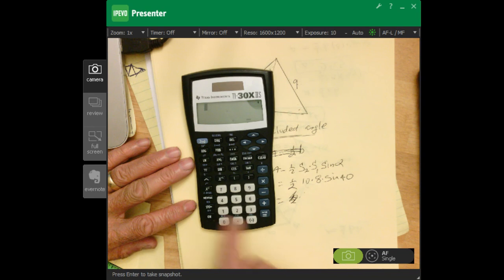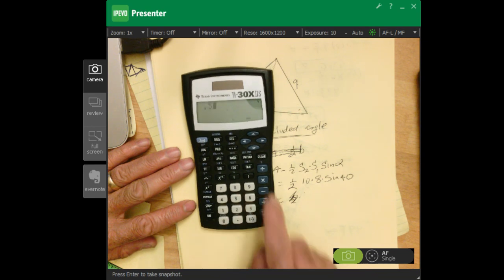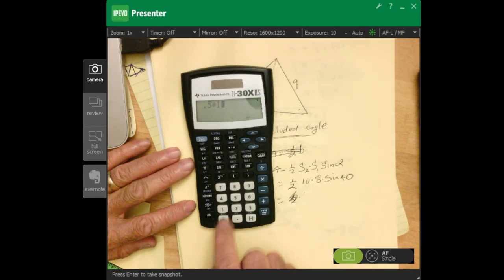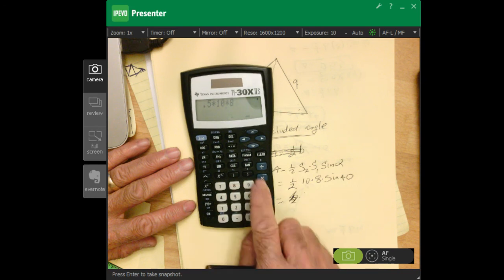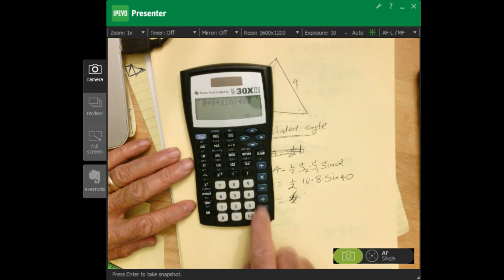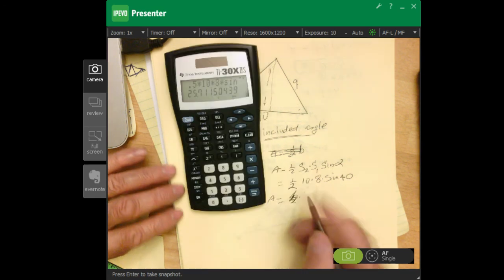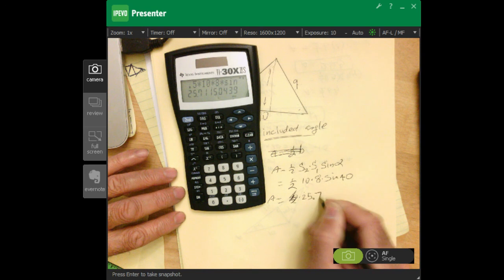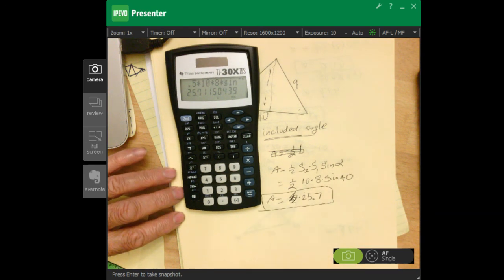It's going to be 1/2, I'll call this 0.5, times 10 times 8 times sine of 40, and that's going to give you 25.7 approximately. So that right there is going to be our area.